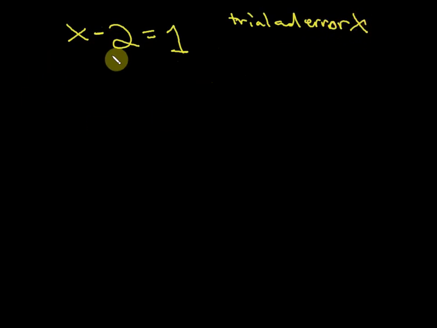So now we need to use our basic math skills to figure out how to solve this. First of all, we want to leave this x alone. At the end of the day, we want to find what x equals. We don't know that yet. So how do we do that?